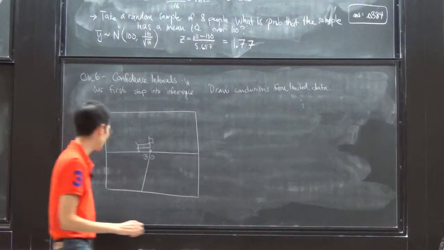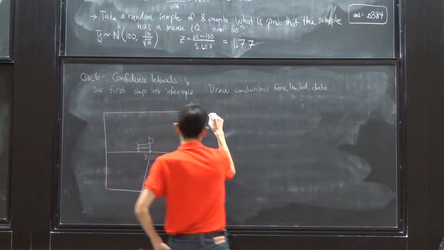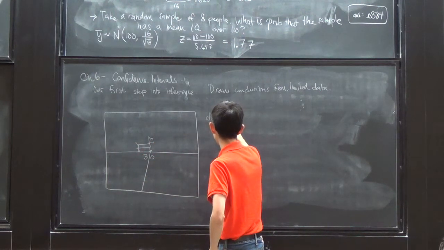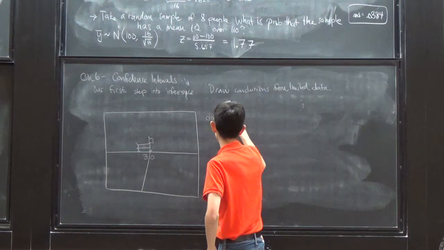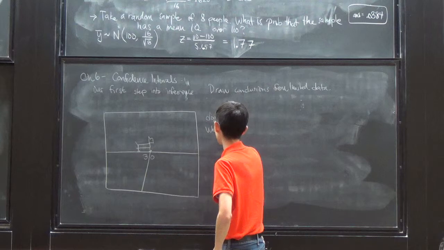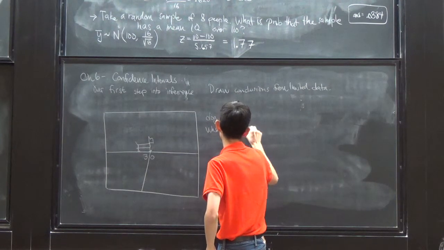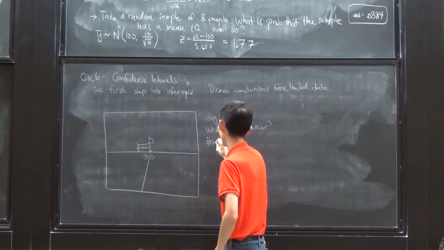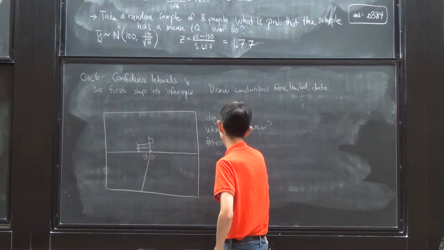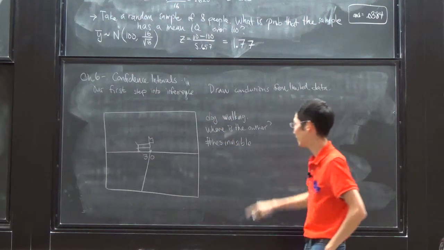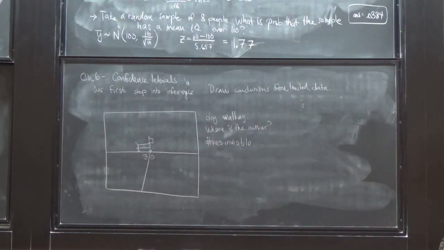But the caption says, I don't know, dog going for a walk, or dog walking. Where is the owner? Hashtag he's invisible. Okay, so we have an invisible owner giving this dog a walk.